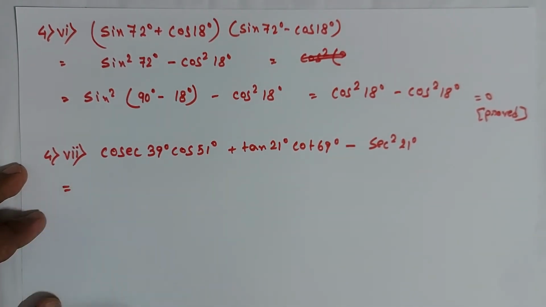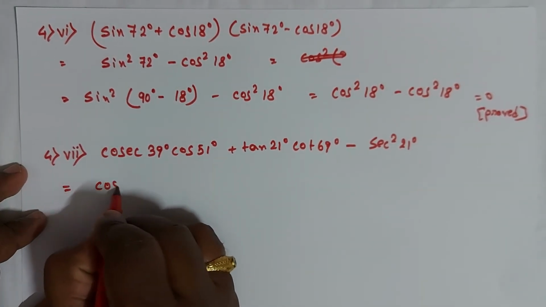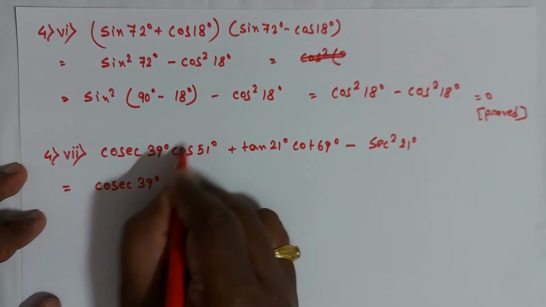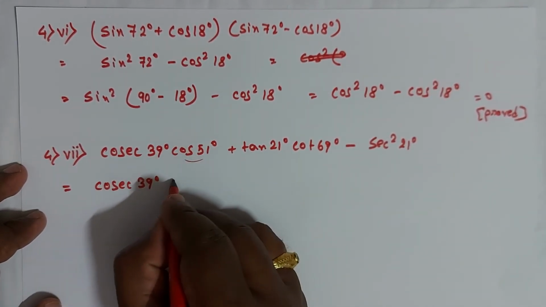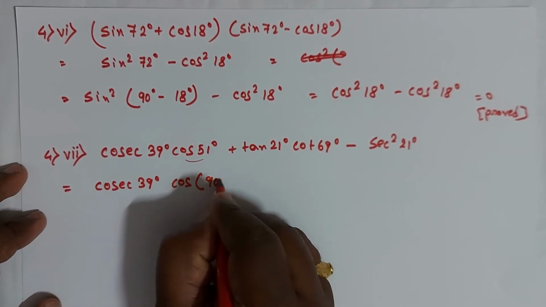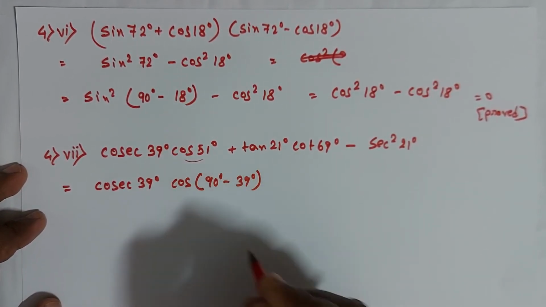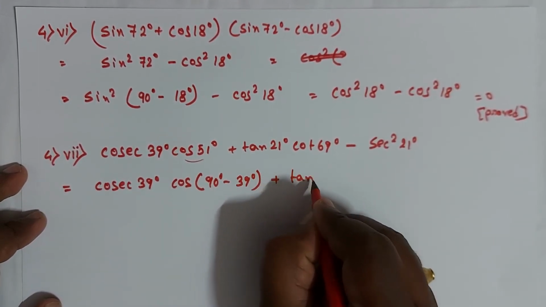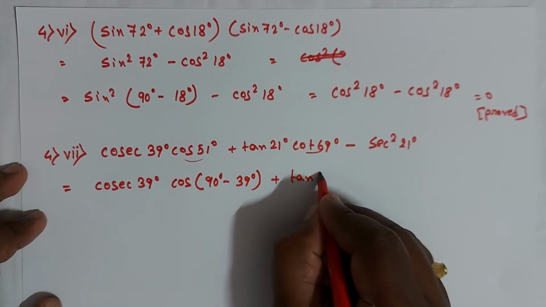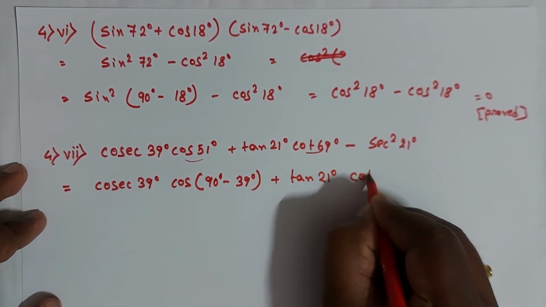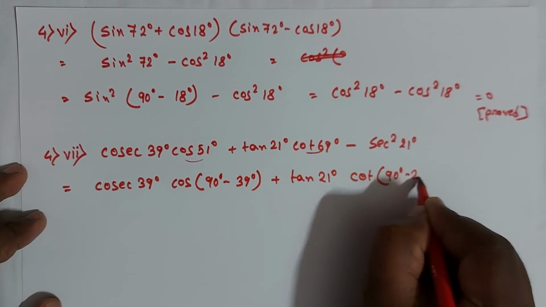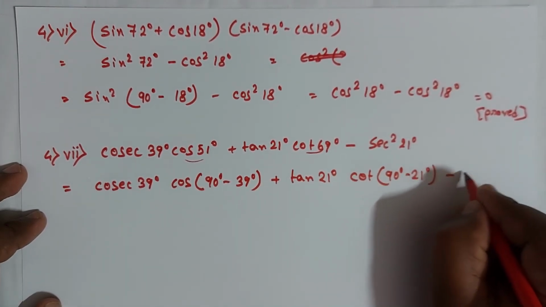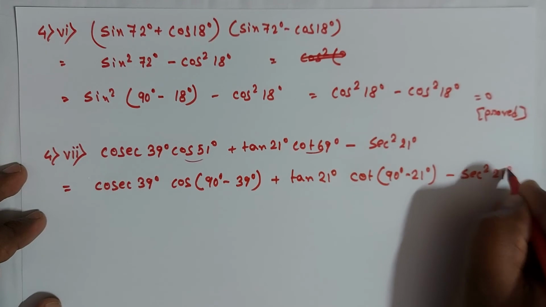Let's try to do that. Cosec 39 degree, this cos can be converted into sine, isn't it? So cos of 90 degree minus 39 degree, that is 51. And we need to convert this cot into tan, so tan 21 into cot of 90 degree minus 21 degree, minus sec square 21 degree.